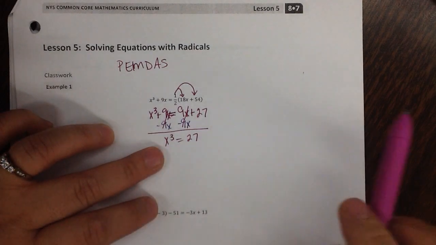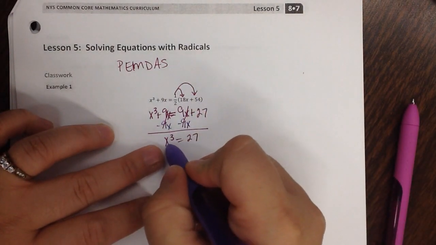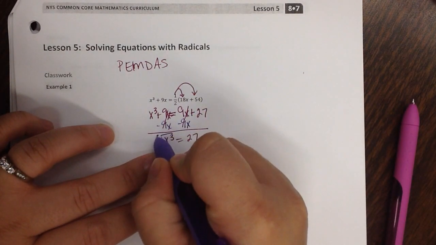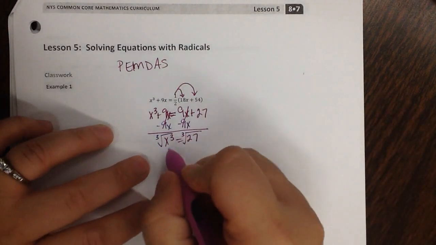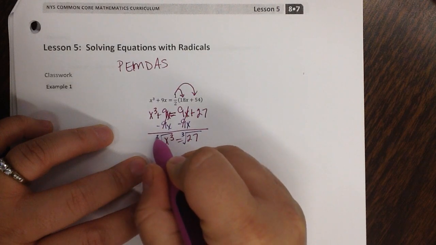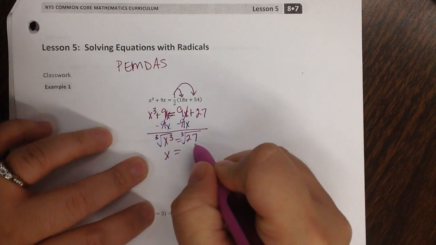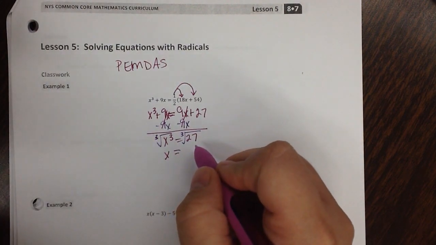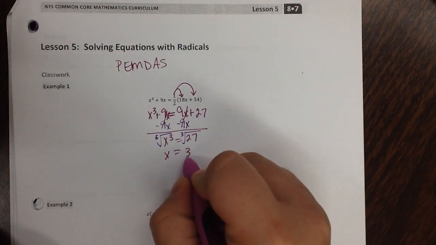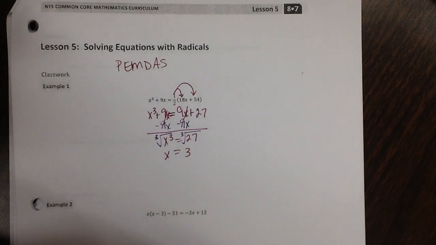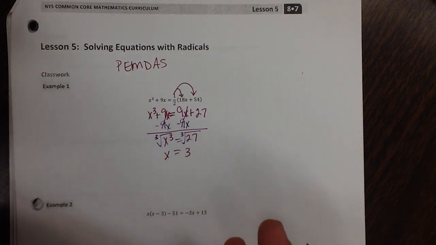The opposite of a cube is a cube root. So we're going to cube root the left and we're going to cube root the right. So x, the cube root and the cube cancel, equals some number times itself three times to equal 27, and the answer would be 3. And then you would always want to go back and check your work.